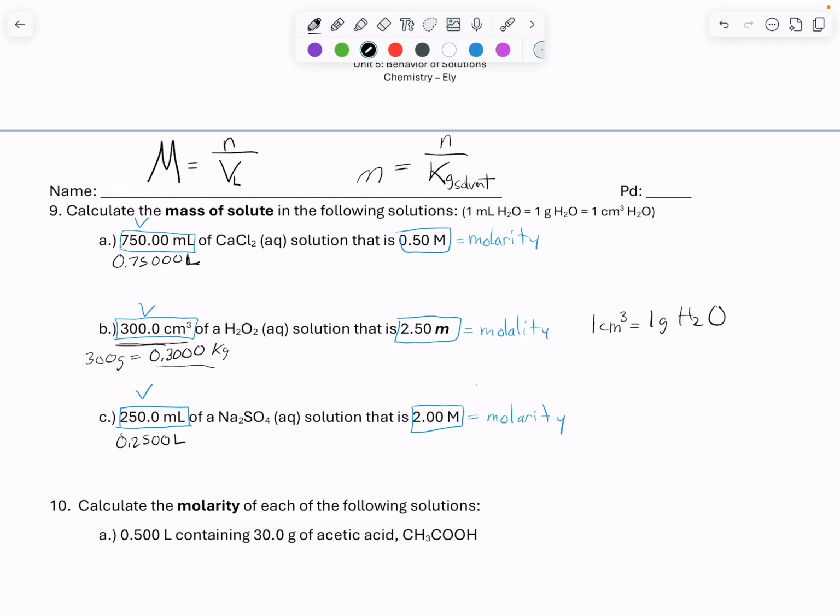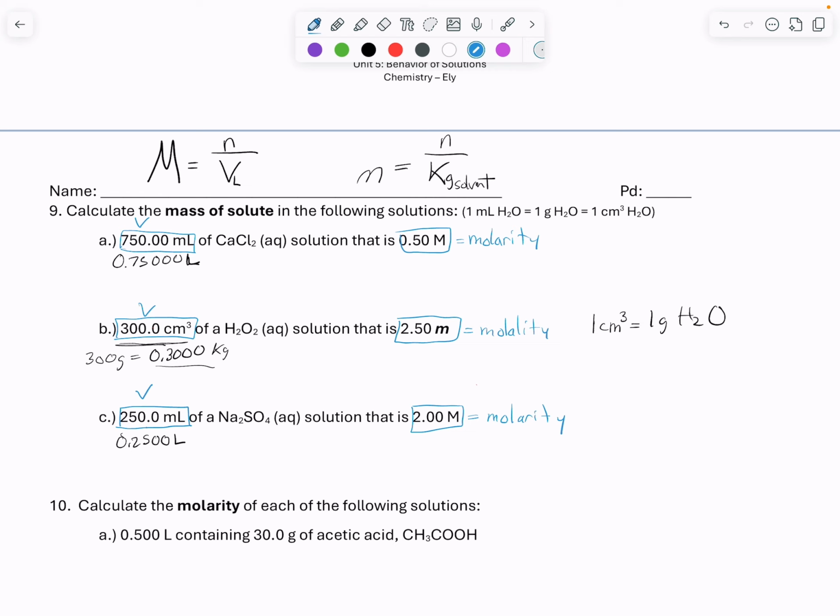All of our answers here are going to give us a number of moles, and then we have to use molar mass to find the grams. So the first step is to make sure everything is in the right unit so I can plug it into the equations. Let's do A as your example.